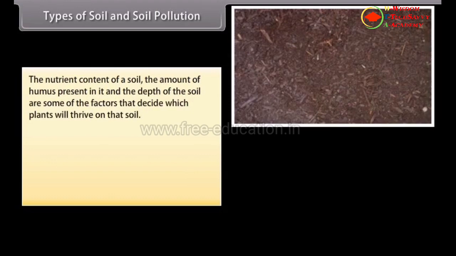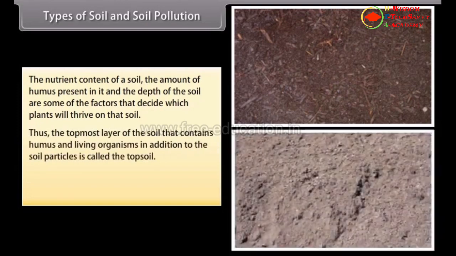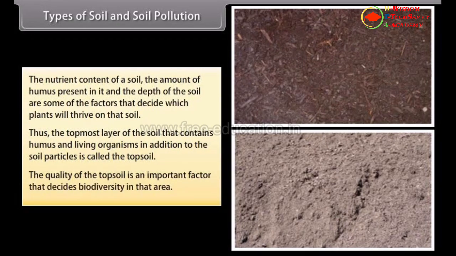The nutrient content of a soil, the amount of humus present in it, and the depth of the soil are some of the factors that decide which plants will thrive on that soil. Thus, the topmost layer of the soil that contains humus and living organisms in addition to the soil particles is called the topsoil. The quality of topsoil is an important factor that decides biodiversity in that area.